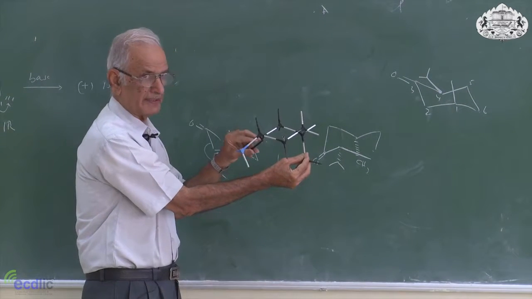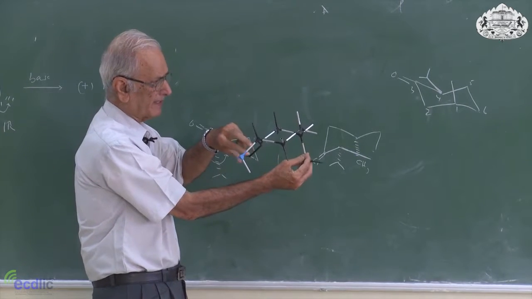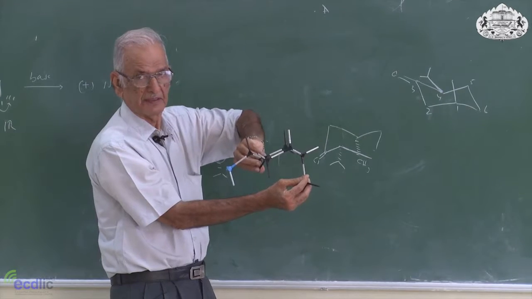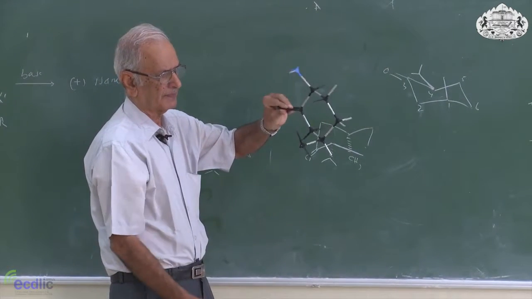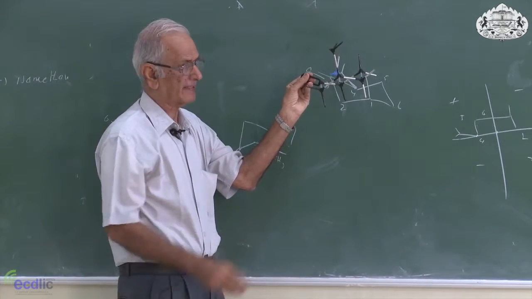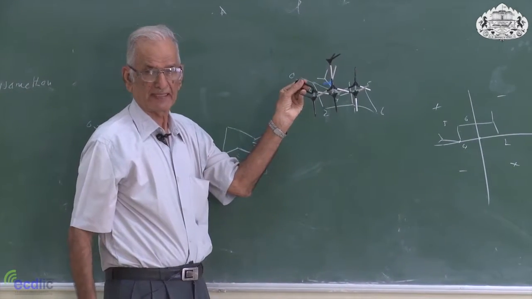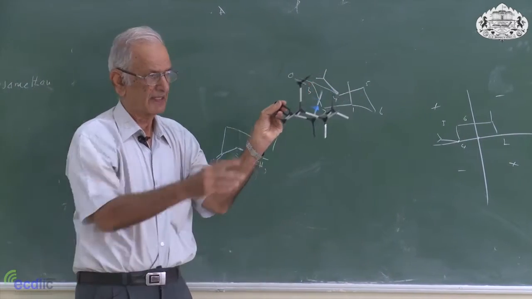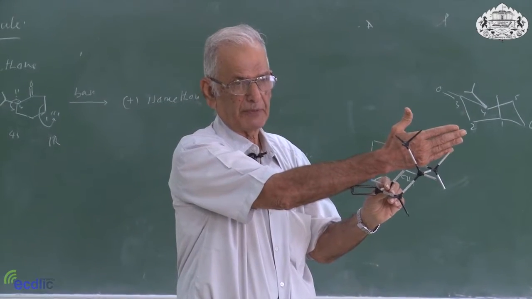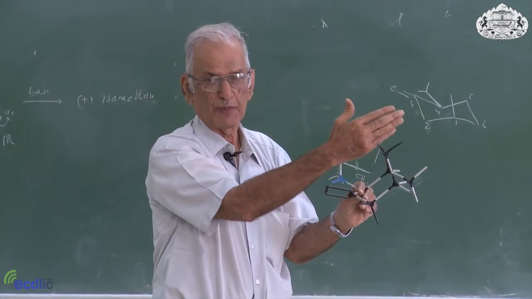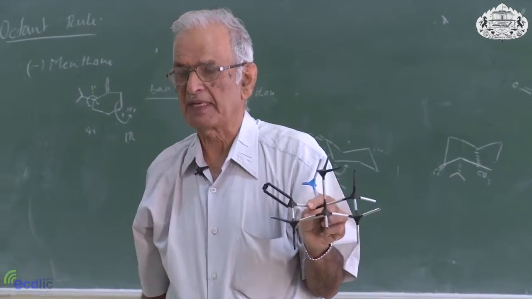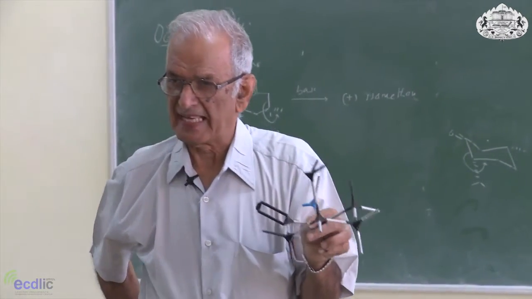Now we do our department's rule of thumb, going from this to that picture. When I do this, what happens? The isopropyl group has gone on the back surface, and the methyl group has come on the front surface. Now when I apply the octant, that's your octant projection, your methyl group is on the upper right, and therefore it's expected to contribute negative.